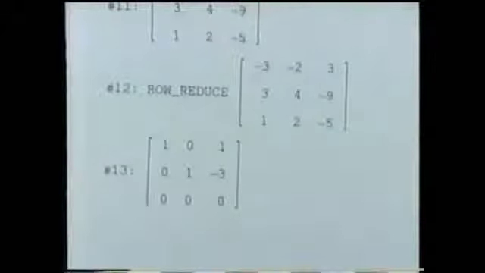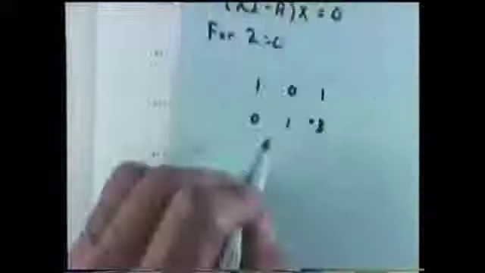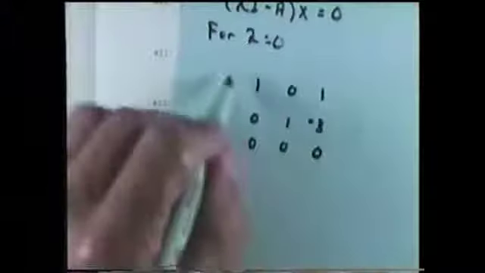So now we're ready to solve the equation. So I can go back. I have lambda I minus A, when I row reduce it, is 1, 0, 1, 0, 1, negative 3, 0, 0, 0.